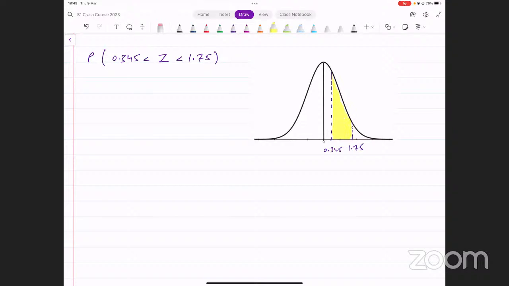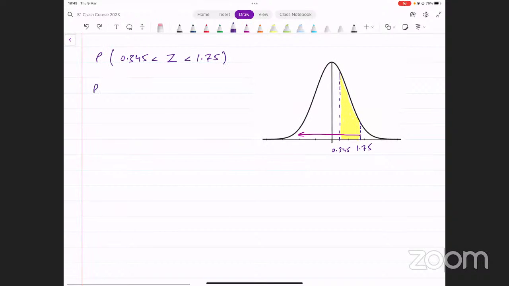Now, how do you find this area? Remember, the table can only be used for area to the left of a positive value. Now, this is between two values. So how do we convert it to the standard form? What we can do is we can say, let's find the area to the left of 1.75. That will be all of this area to the left of 1.75.